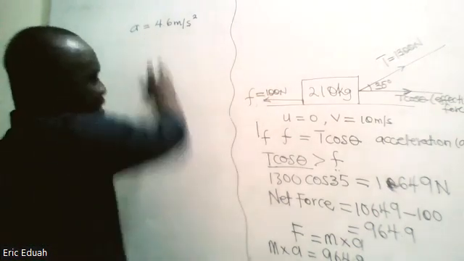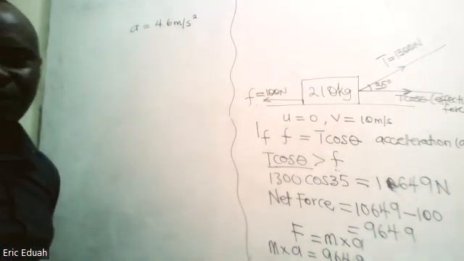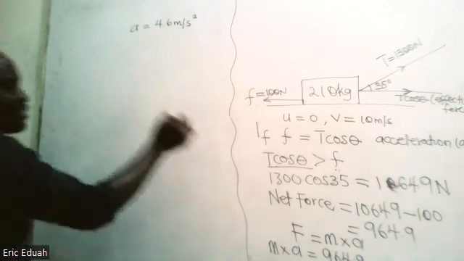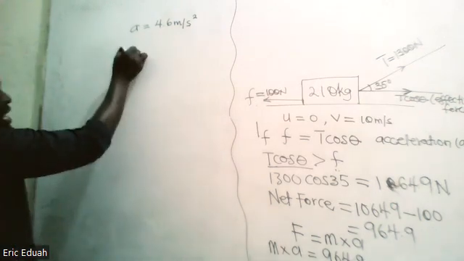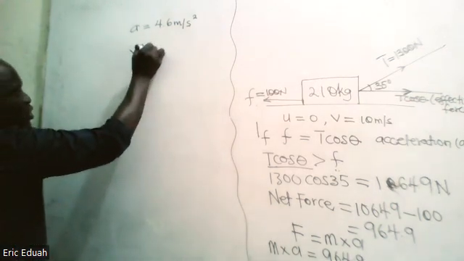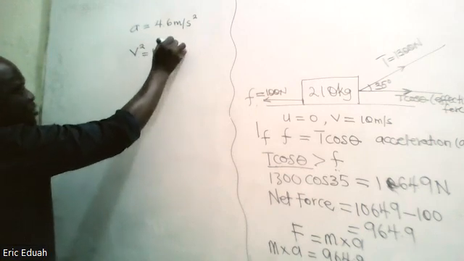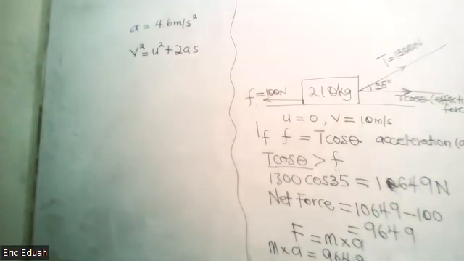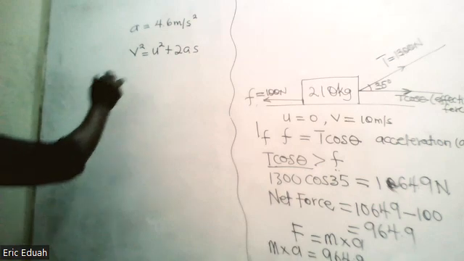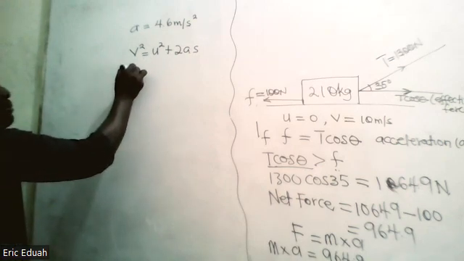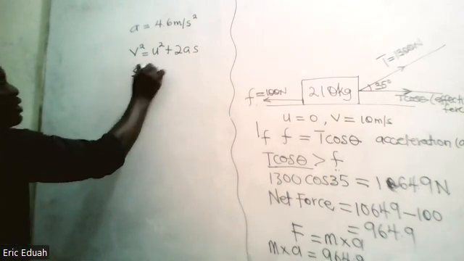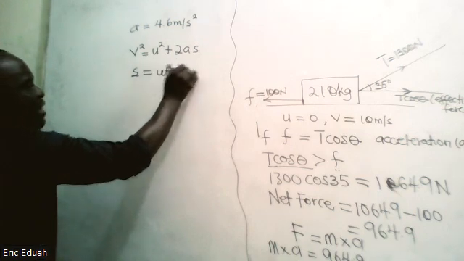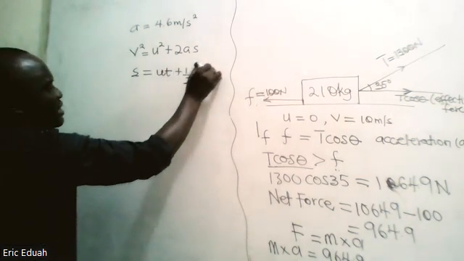So this is the acceleration of the body, and we are asked to find the distance. So using one of the equations of motion, either v squared is equal to u squared plus 2ax, we can easily calculate the distance. We can also use s is equal to ut plus half at squared.